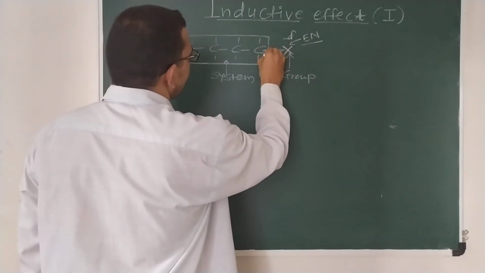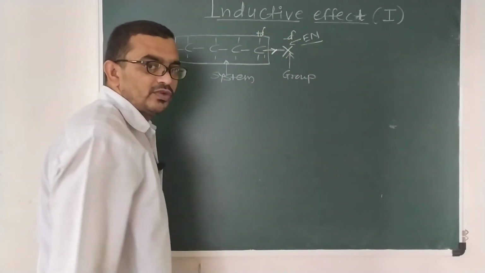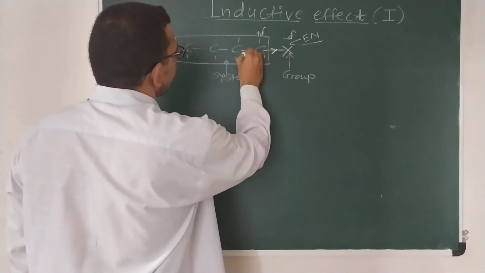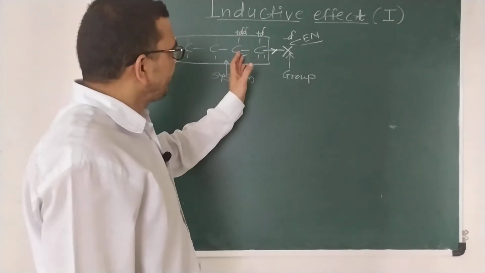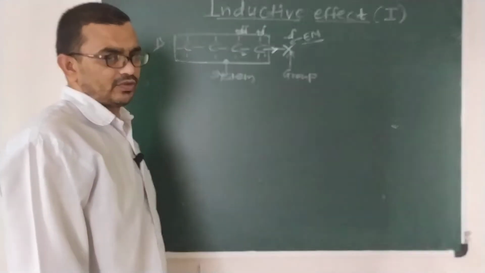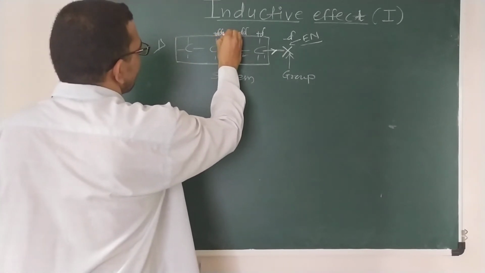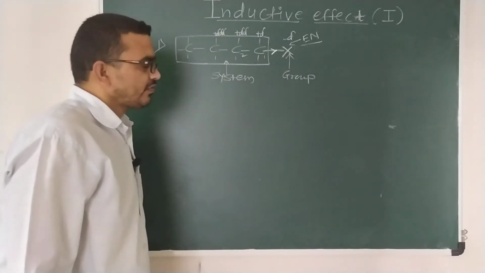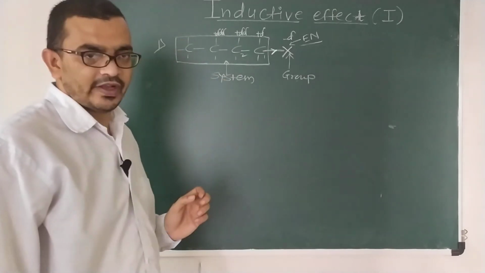Then on the first carbon a plus delta is going to form, because electrons are shifting towards X. Similarly on the second carbon there is a double plus delta, meaning there are fewer electrons as compared to carbon 1. Then similarly a triple plus delta will form here. After the third carbon the inductive effect nullifies, as I told you.